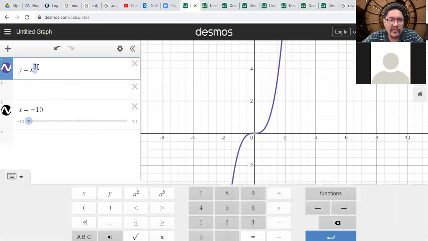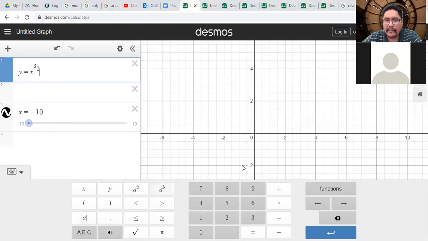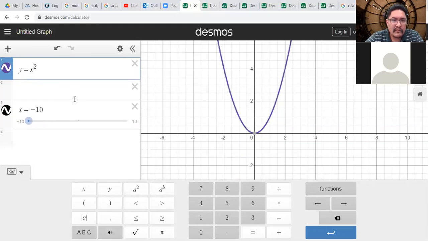And we should also know that our square, if I square this, that should just be a parabola. We've done a lot of parabolas in the past. In fact, the entire last chapter, most of November, we were just working on parabolas. Okay, so let's go back to our worksheet and fill those in.